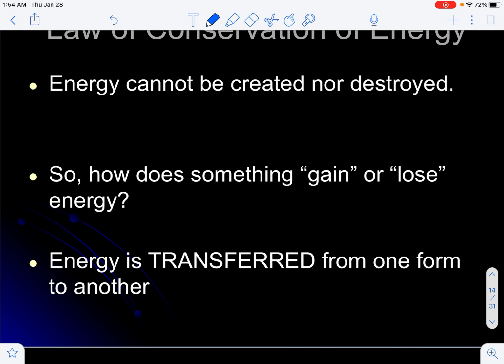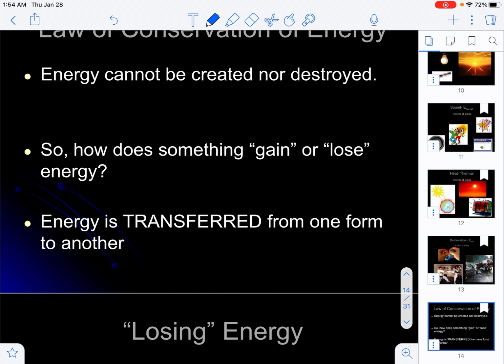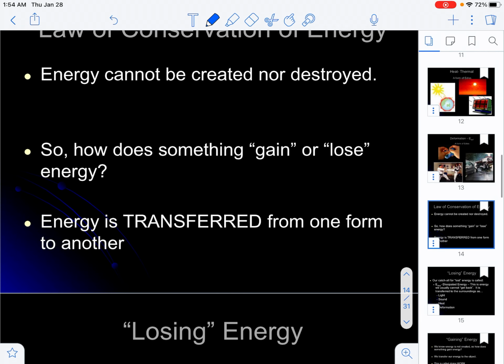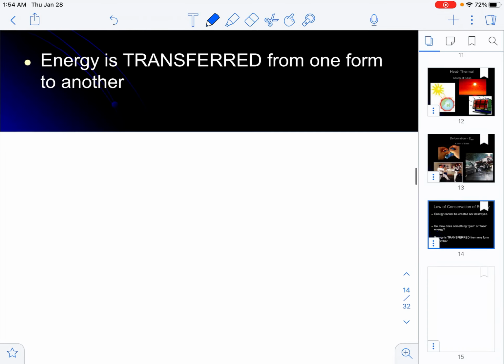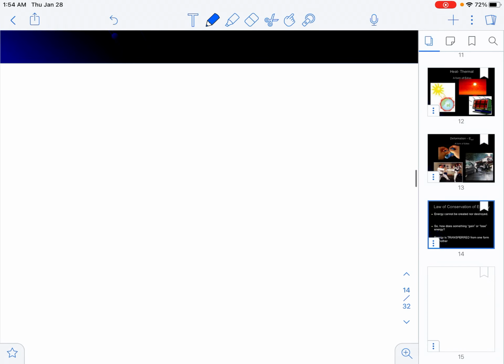Okay? What I want to do is add a page into this, just so that we can go through some of these things. So first of all, when we're dealing with energy, we're going to break it down into a couple of different categories.